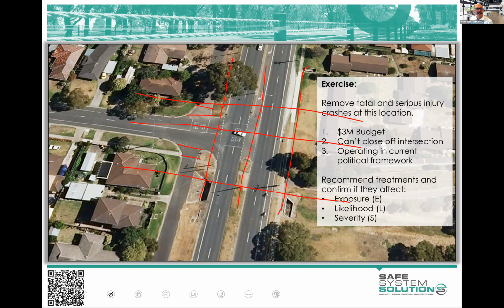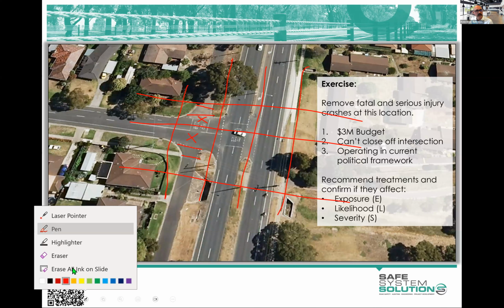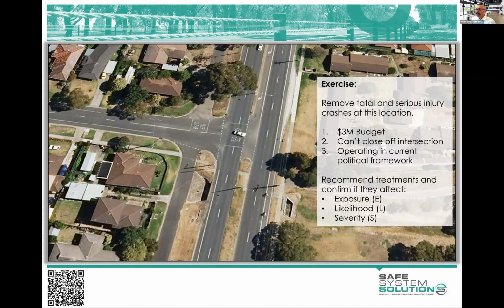It's not something that's done in practice. Theoretically you could do it, and then in that grid we would say, well, that influences exposure, because we've removed that conflict point. It's not practically done, so I can see how people may have been confused by that. We do it at a more holistic level in a safe system assessment. So I hope that clarifies a little bit of that.